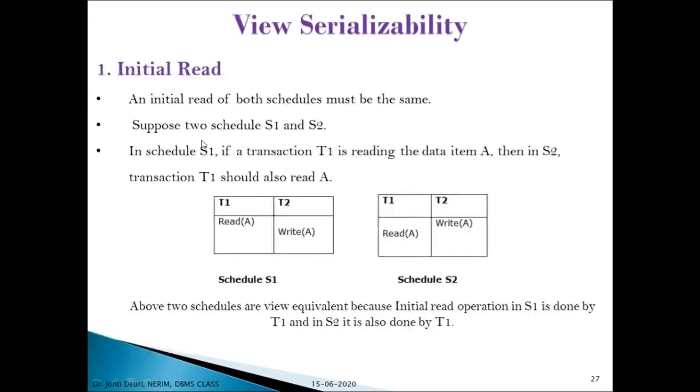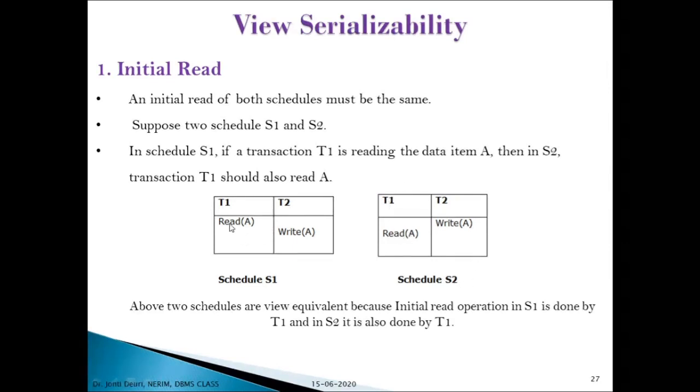In the initial read, say we have two schedules S1 and S2. If T1 is reading A in schedule S1, then in schedule S2 also, T1 has to read A.